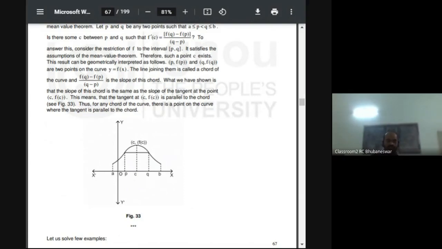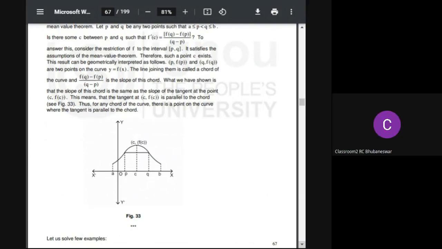Similarly, here the function is defined over a closed interval a b, and it is continuous and differentiable in the interval a b. Then by the Lagrange mean value theorem, f dash c must be equal to f of b minus f of a divided by b minus a.